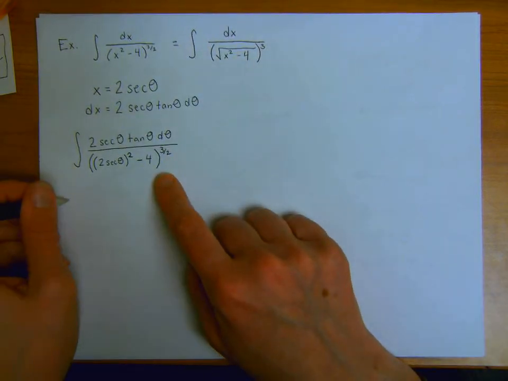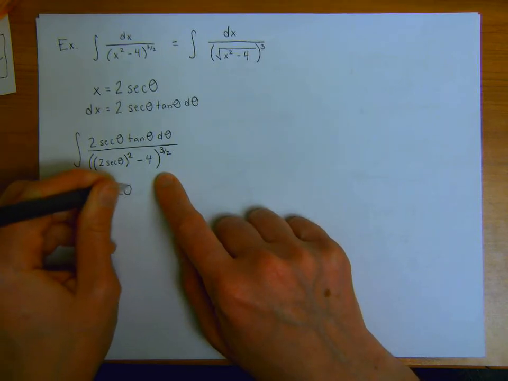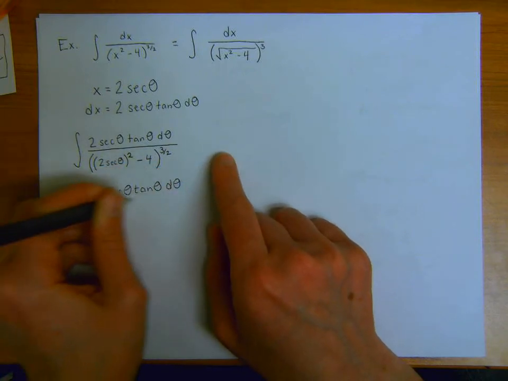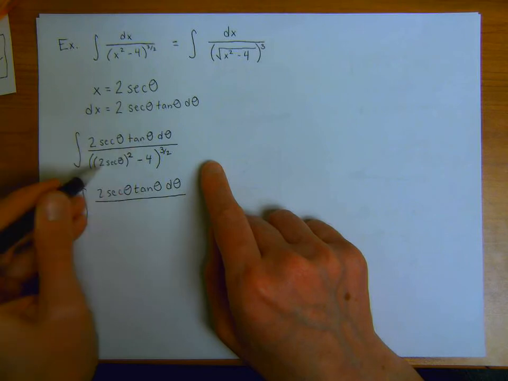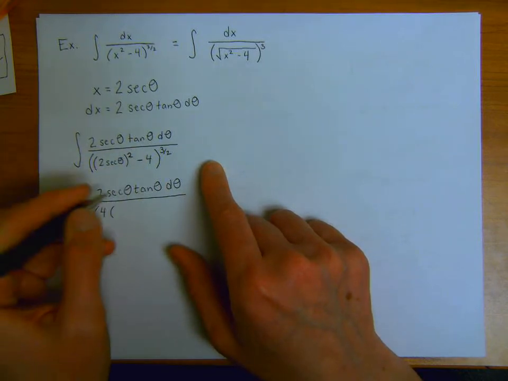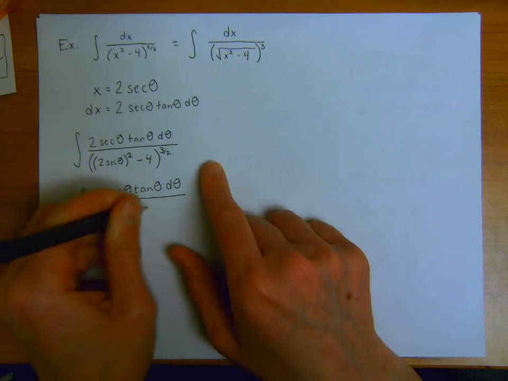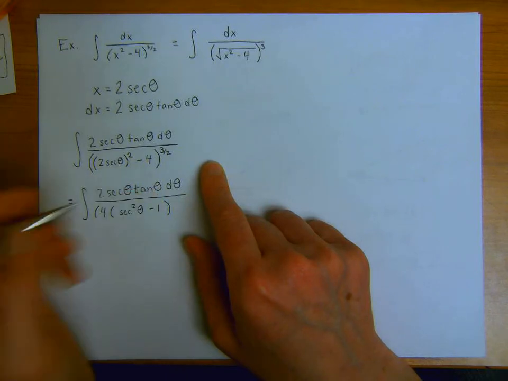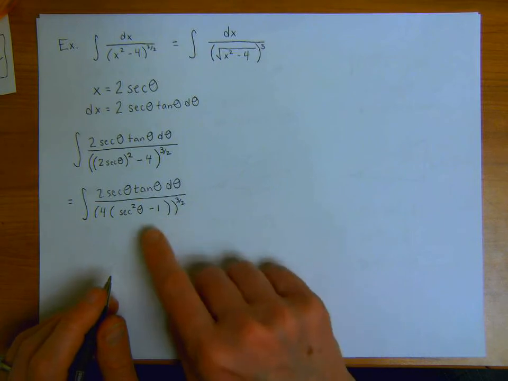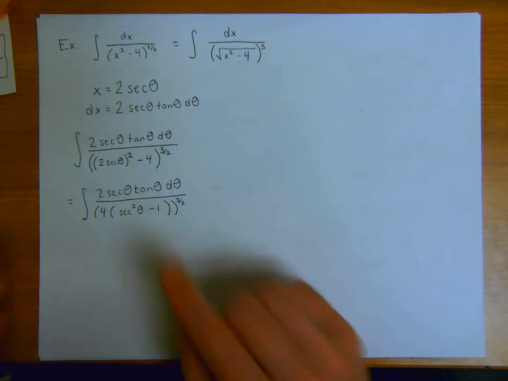We can simplify, and I'm going to simplify a little bit quickly. I realize that there's a lot of writing in these examples. Squaring each of these terms and factoring out the 4, I get 4 times secant squared theta minus 1, all raised to the 3/2. Secant squared minus 1, recall, is tangent squared.